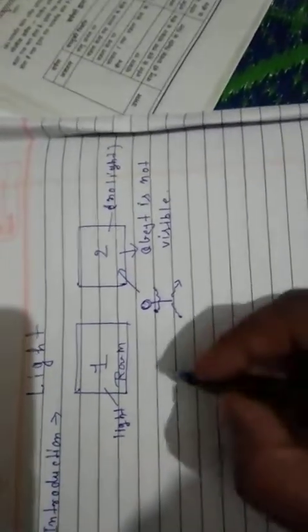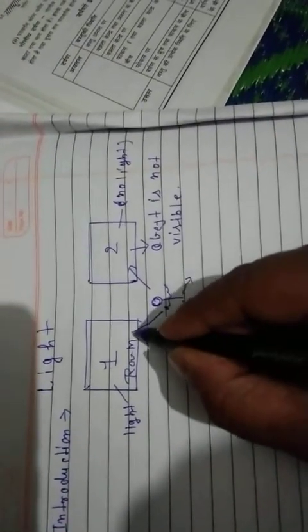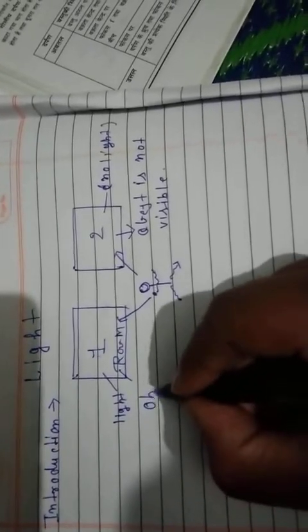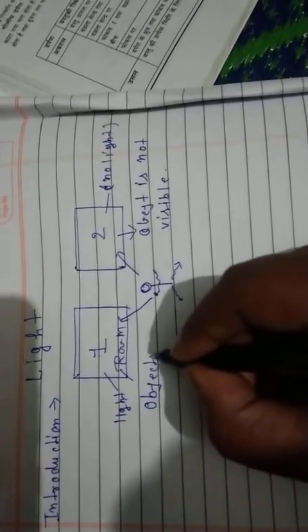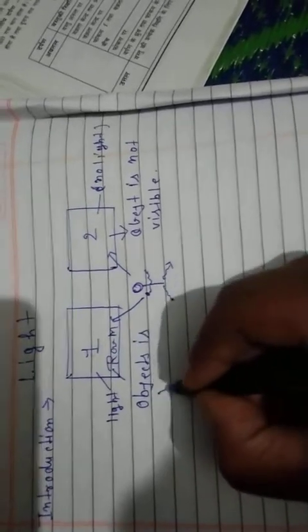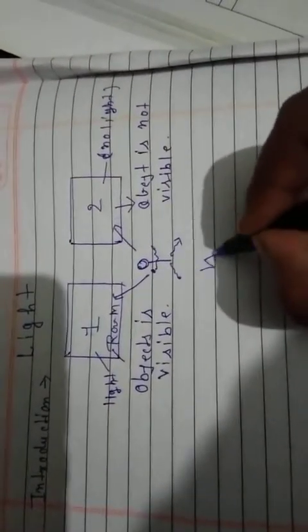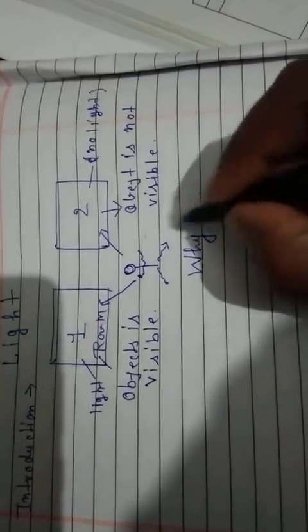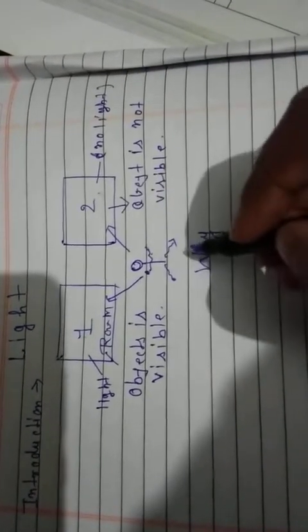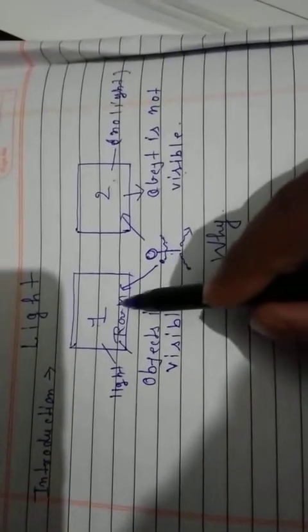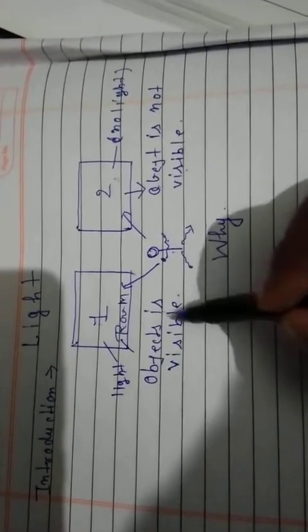But when this person enters room number 1, here objects are visible. Okay, so now the question arises: why in room number 2 are objects not visible, and why in room number 1 are objects visible?